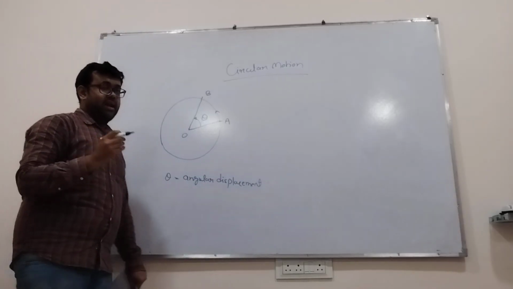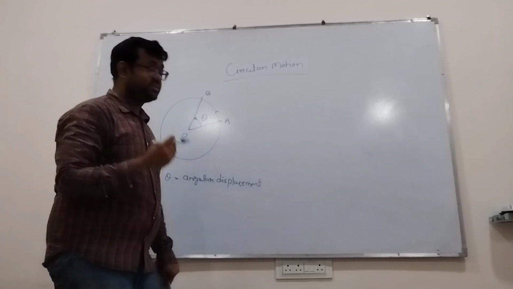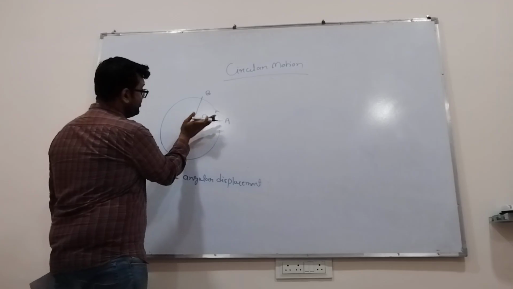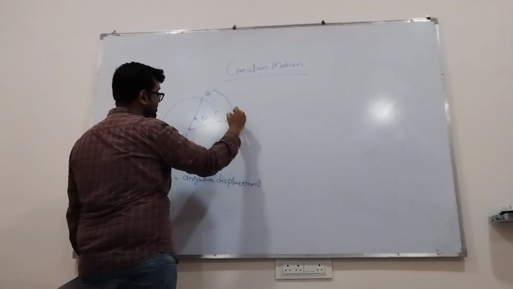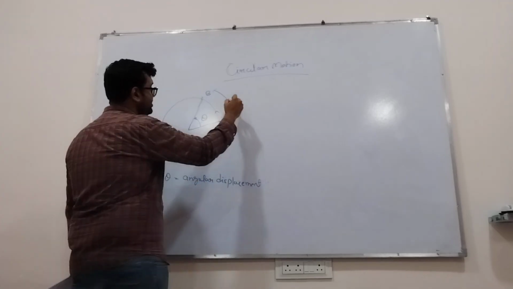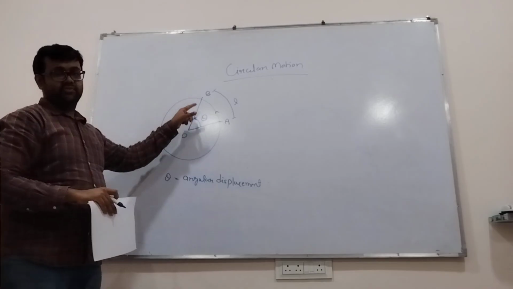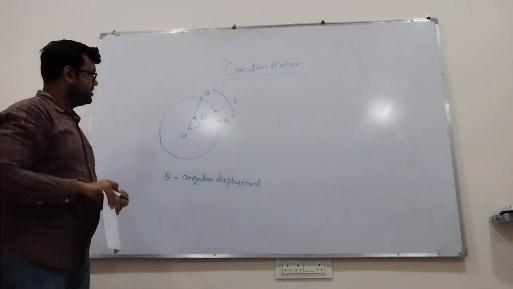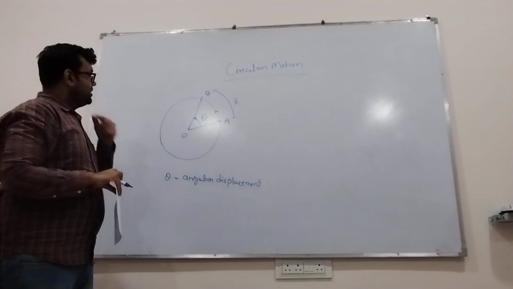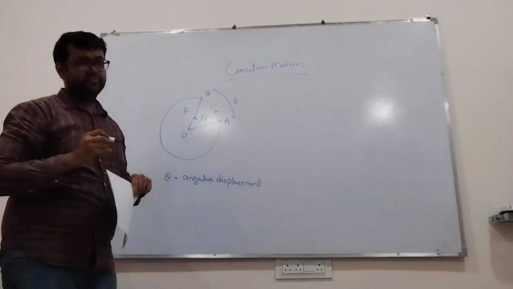Right? And as we have discussed earlier, the simple distance from A to B is the length of this arc, that is suppose L. And suppose the radius of the circle is R. Okay.